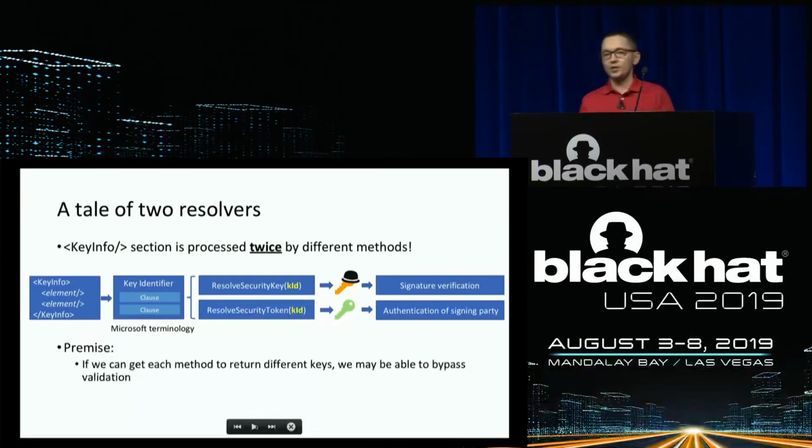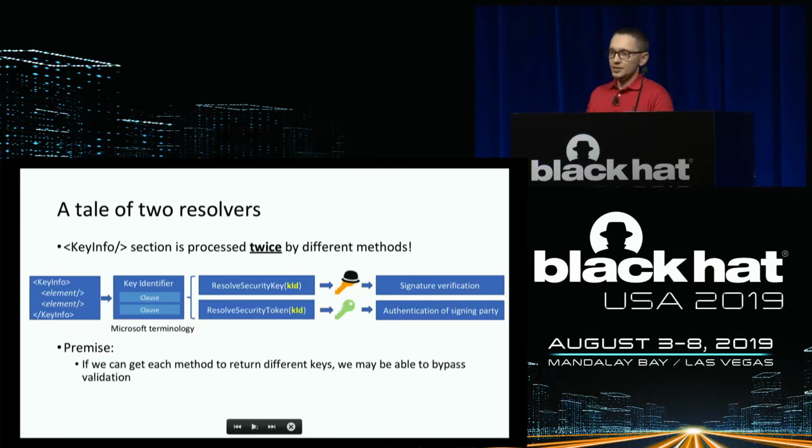On this diagram, we can see the general idea of the attack. We need to craft the KeyInfo element in such a way that we get different results from ResolveSecurityKey and ResolveSecurityToken. One will be used for signature verification, another for authentication of the signing party.